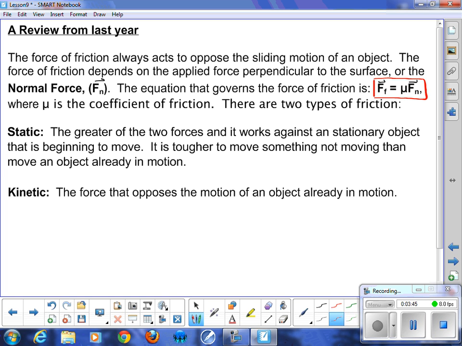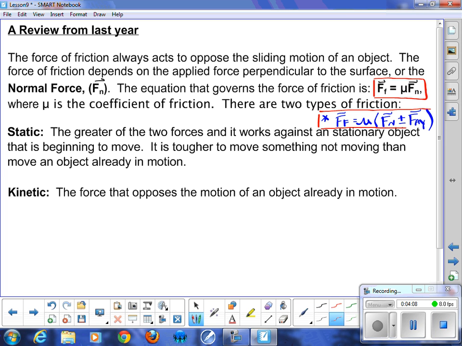In grade 11, I made a big deal talking about that normal force. The force due to friction is equal to the coefficient of static friction times the normal force plus or minus the applied force in the y. You remember that. So again, that is still key for us in the grade 12 course.